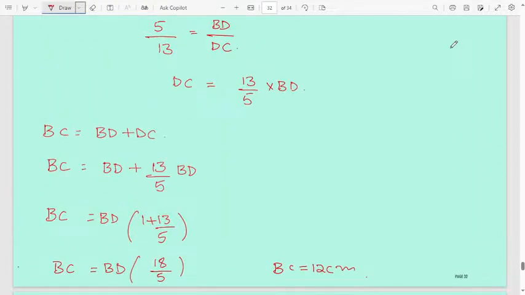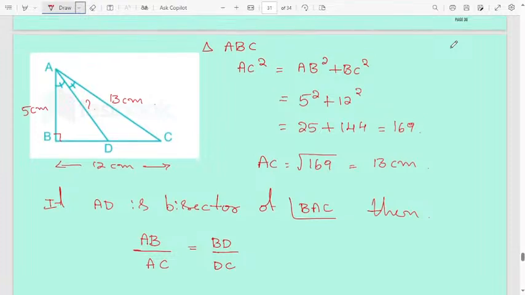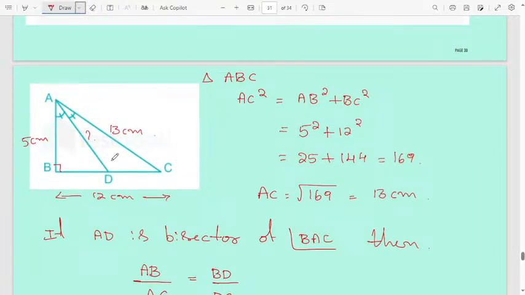I know this is a lengthy problem, don't panic. You have to know the concept, how to solve the problem. Maybe they will give only this triangle and ask what is the value of AD, no need to calculate the remaining ones. Maybe they will ask the value of AC, like this.